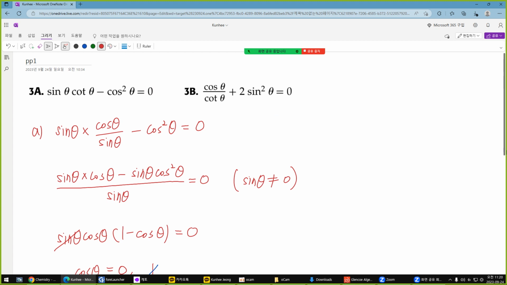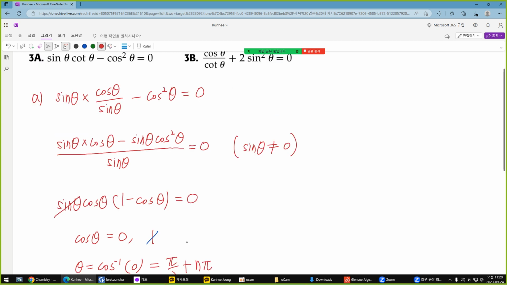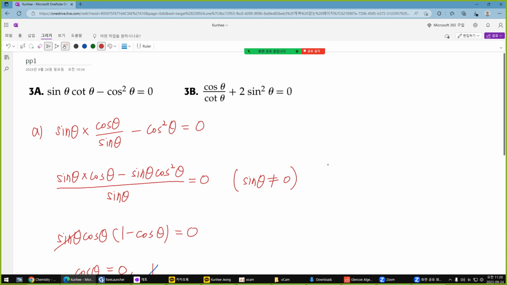And for the second equation, once again, we need to make the common denominator to solve this equation.